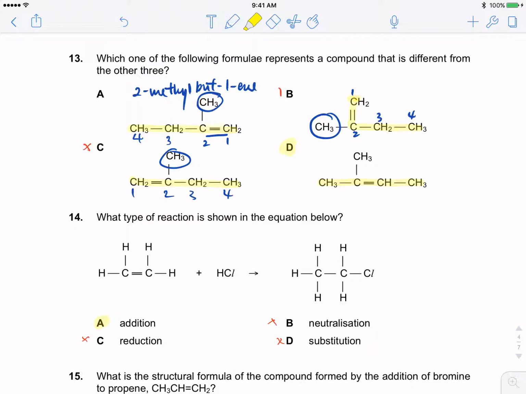Okay, I have two ways of drawing it, but both give me the same result. Now, note that in this case, the double bond is not on the first 2 carbons, regardless of how I count it.